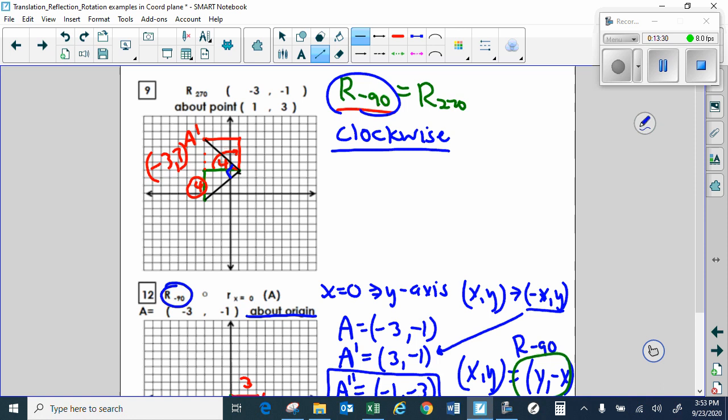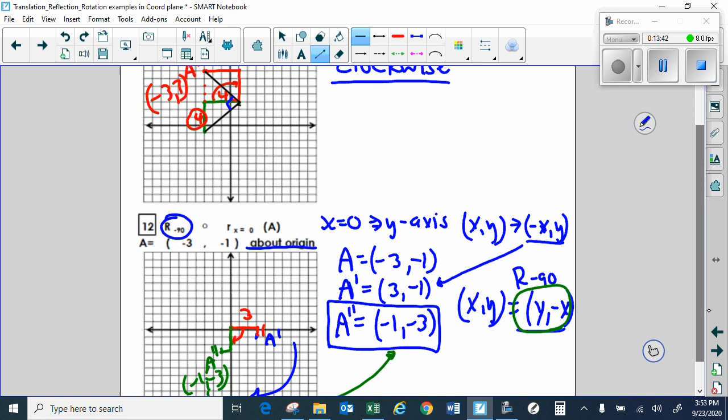Okay, that goes ahead and explains your key types. So if we have a point off the origin, I have to rotate, and I have to use that method. But in the first one, I went ahead and showed you both methods with the triangles themselves, if you want to think of it that way, and just using the rule (x, y) to (y, -x) for rotation of -90 degrees.